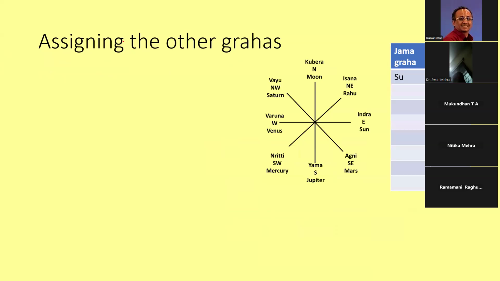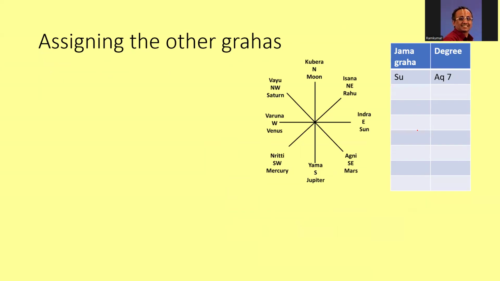Okay. Now, how to assign the other grahas? We will see that, right? So, how do you assign the other grahas? Sun is now Aquarius 7 degrees. From Sun to Mars, what is the degree difference? It is standard, right? 45 degrees.